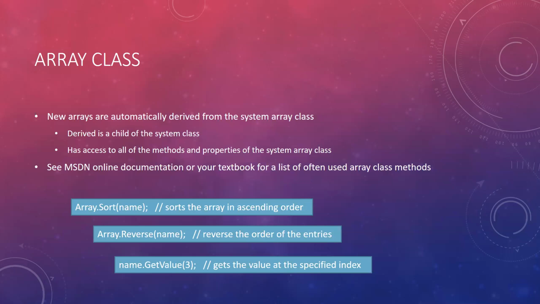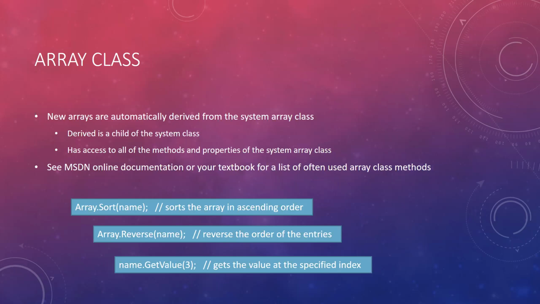Whenever we create an array, we are using the array class, the C# array class. So our array that we create is a child of the System class Array. That's why we could use that .Length property, because the System class Array has a .Length property. When we create an array, we can use it.